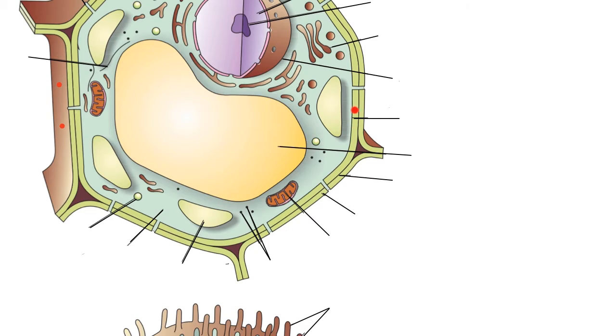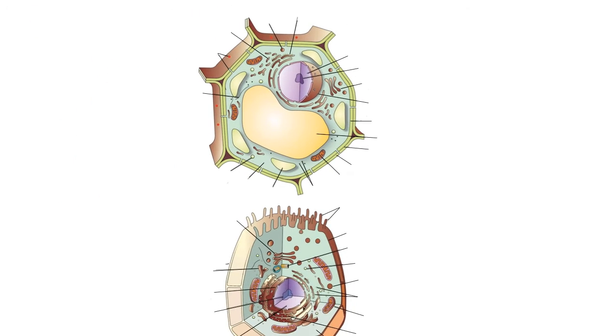So the inner layer is of plasma membrane, and there is a partition between the outer and the inner layer, which is the cell wall and the plasma membrane, and it is basically partitioned by the middle lamella. So guys, these are the major differences between plant and animal cell.